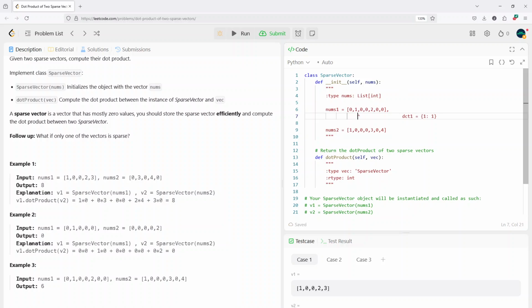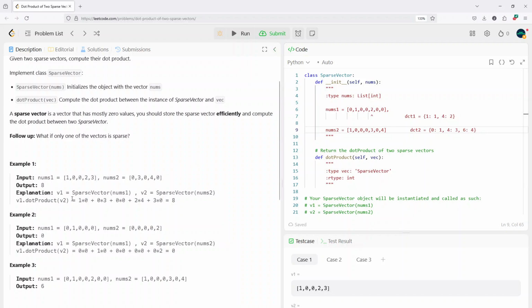That's a 0, that's a 0, this is a 2 here. So then you have index 3, 4 with value 2. And then similarly for dict 2, we can see that it's going to have 0 with value 1, 4 with value 3, and then 6 with value 4.